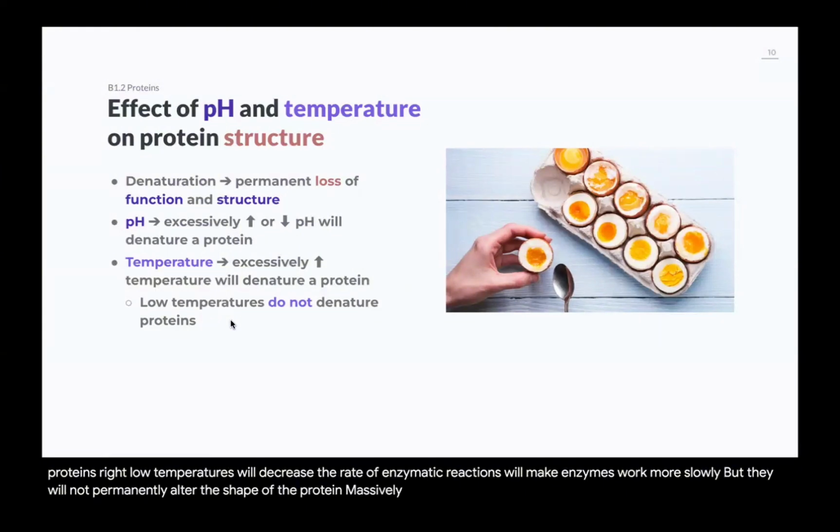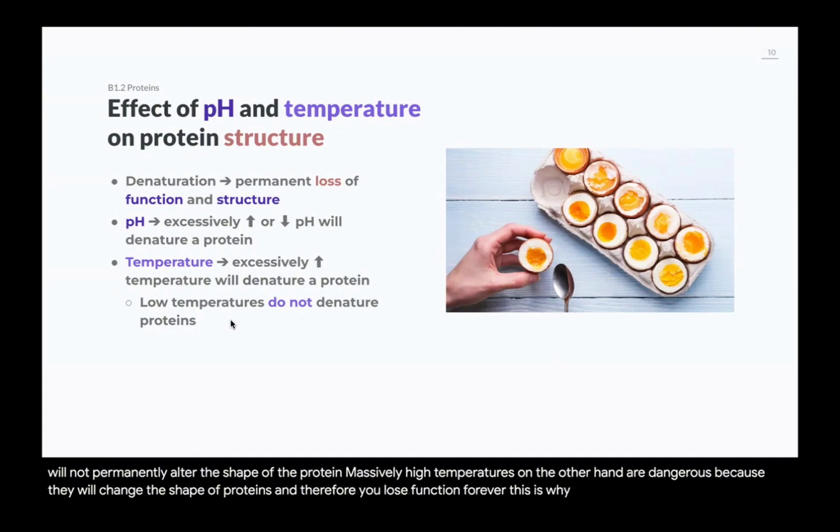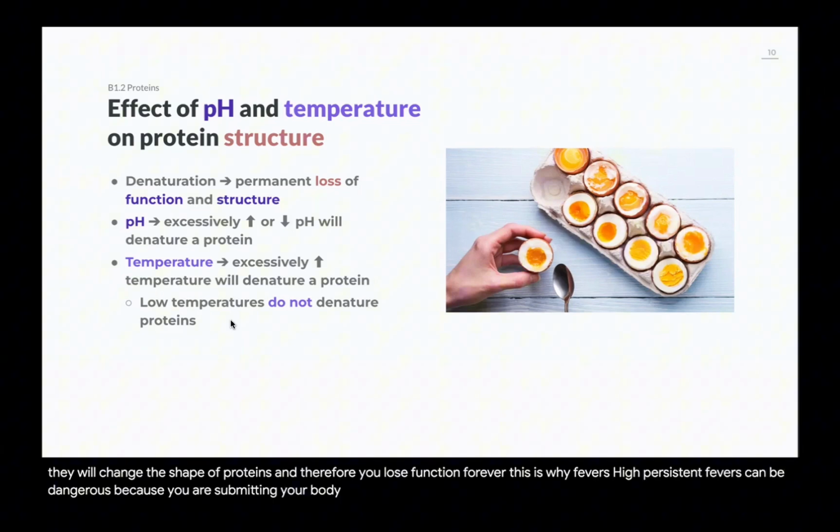Excessively high temperatures, on the other hand, are dangerous because they will change the shape of proteins and therefore you lose function forever. This is why fevers, extremely high persistent fevers, can be dangerous because you are submitting your body to higher temperatures than what it's made to endure, to survive.